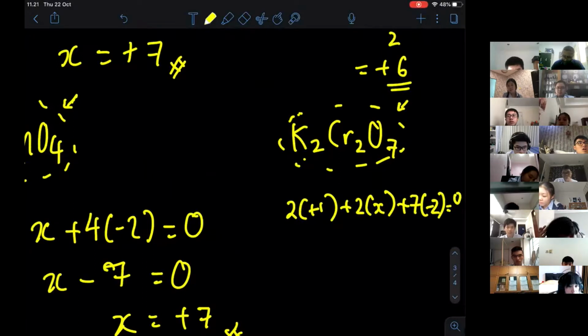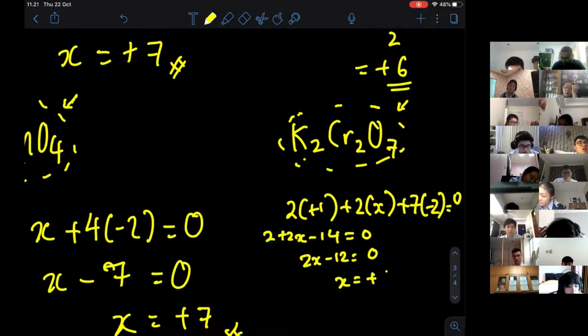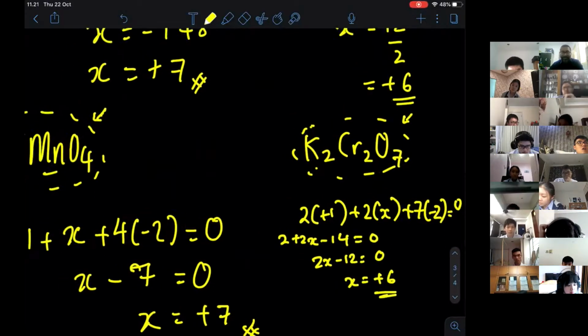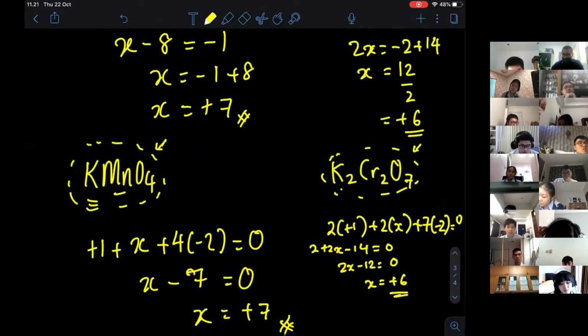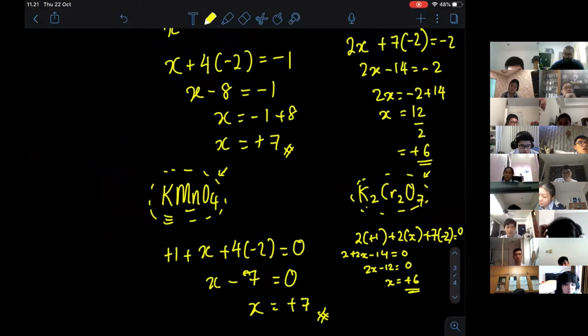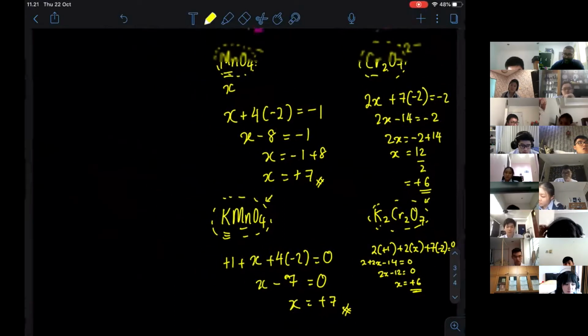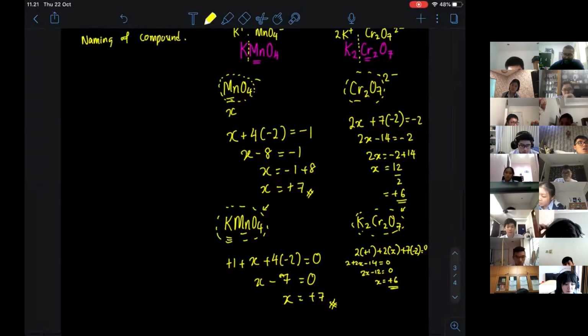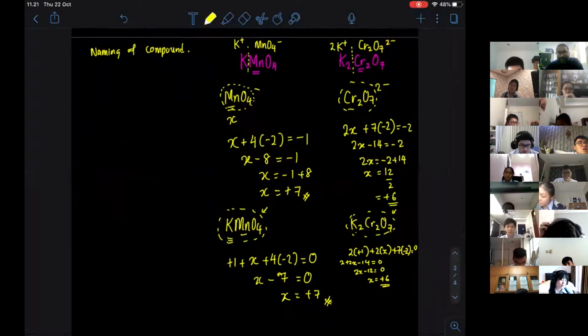So you calculate 2 plus 2X minus 14 equals to 0. 2X minus 12 equals to 0. X is again +6. You will get the same thing. So that is going to be the way to calculate oxidation numbers. Any question up to here?